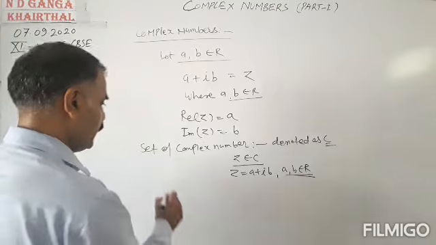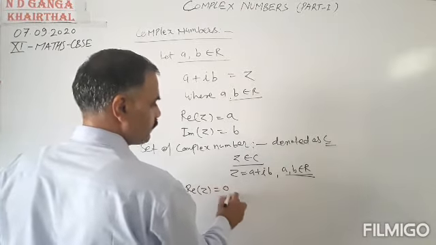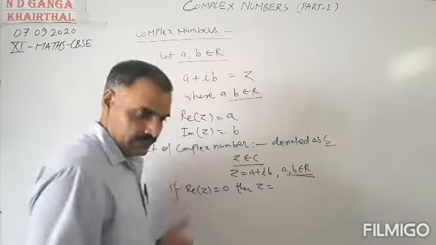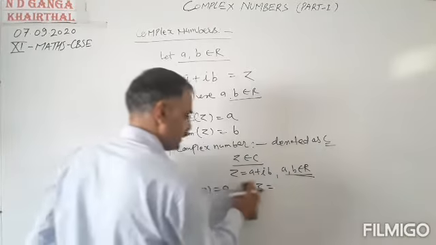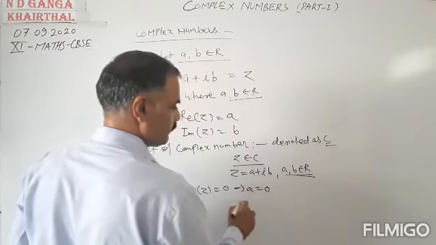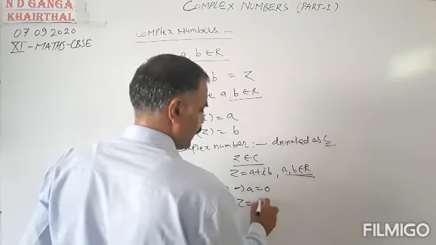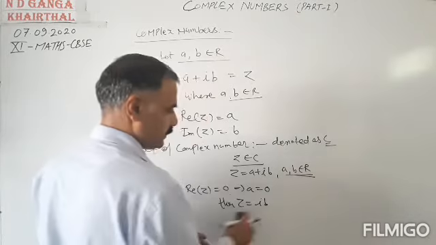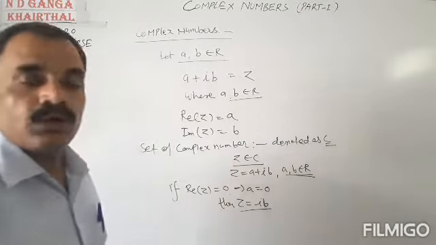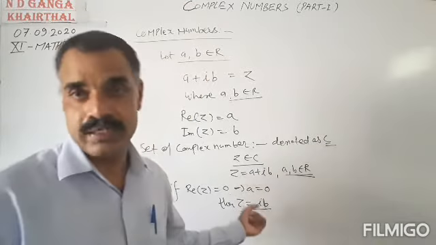If the real part of z equals 0, meaning a equals 0, then z equals iota b. Iota b means purely imaginary, as there is no real part.